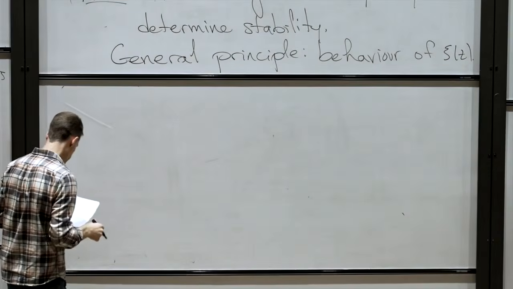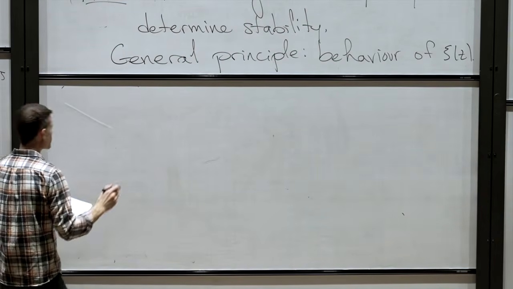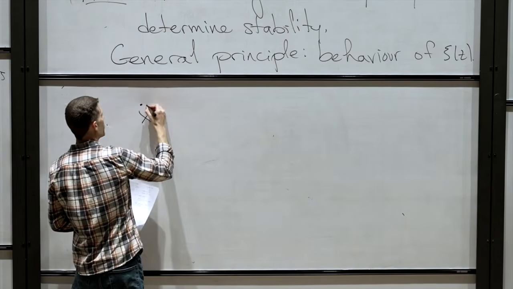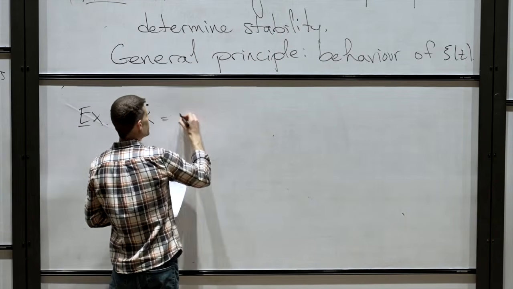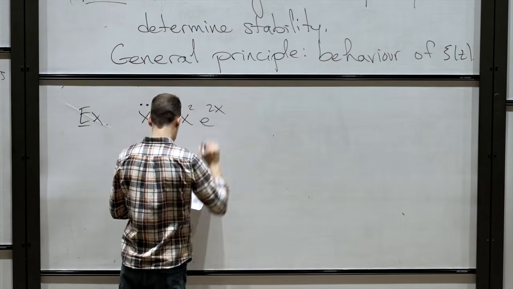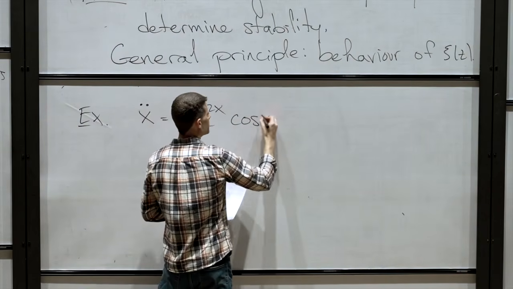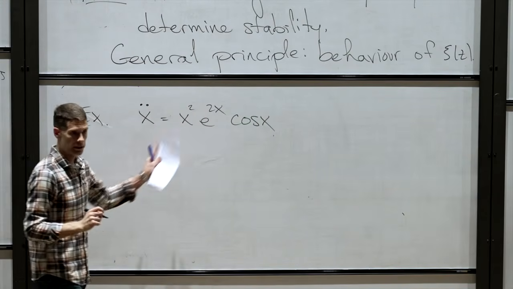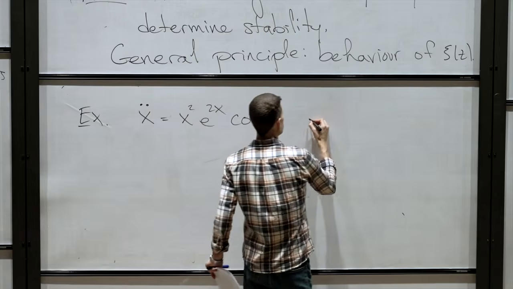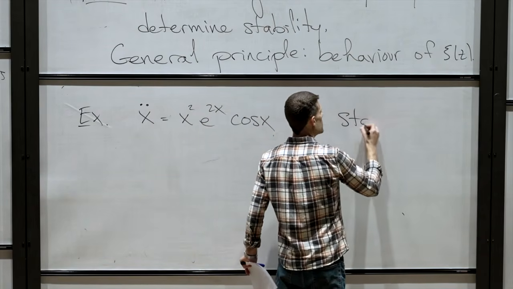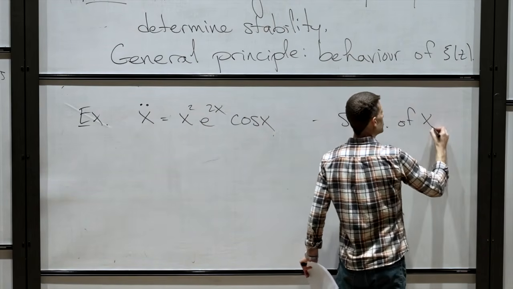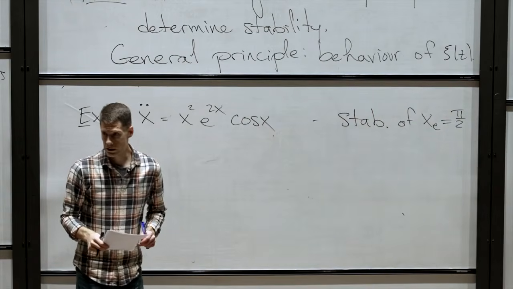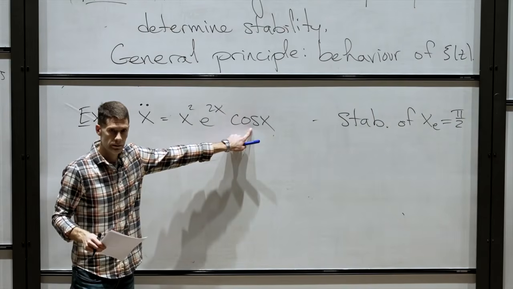Just to give you a different example, let's consider this completely made up problem: x double dot equals x squared e to the 2x cosine x. Okay, that's a messy right-hand side. Now let's suppose we want to know the stability of x equals pi over 2. So pi over 2 is an equilibrium point because cosine is 0, right?